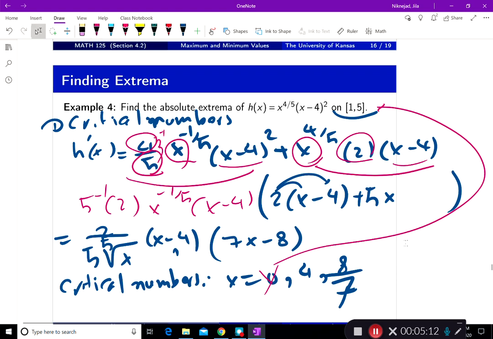So the next step is to evaluate h of 4, which is easy. If I plug it in here, I get 0. The other thing we want to evaluate is h of 8 over 7. That one we have to plug into our calculators.